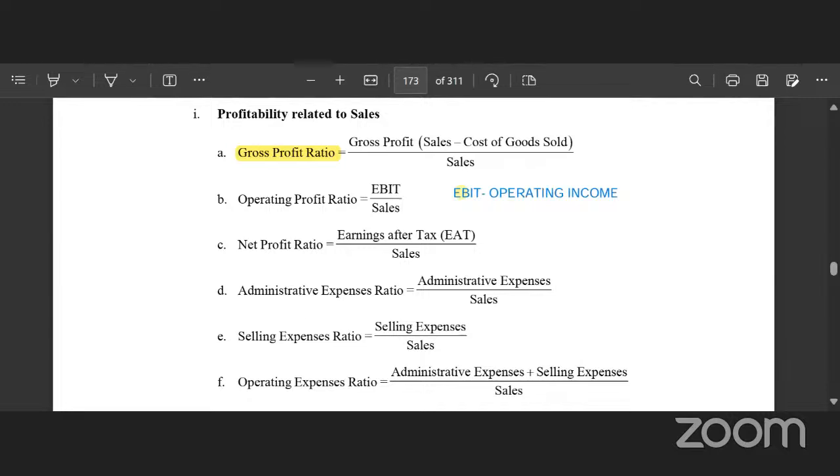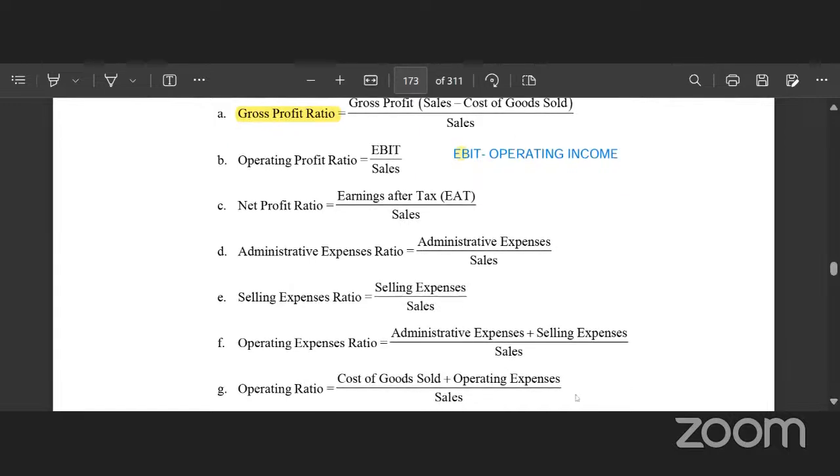Administrative expense ratio is one of the measures used to see how much administrative expense the company is incurring for every 1 rupee of sales. Selling expenses ratio is the amount of selling expenses the company is incurring for every rupee of sales.